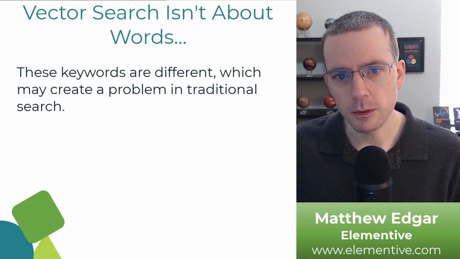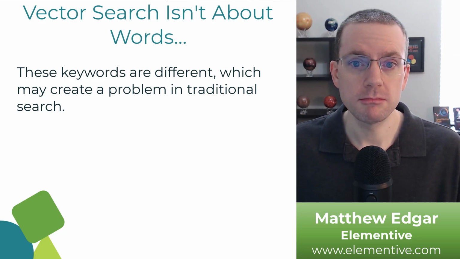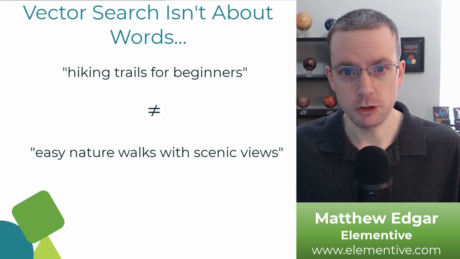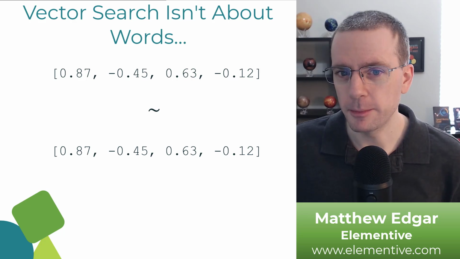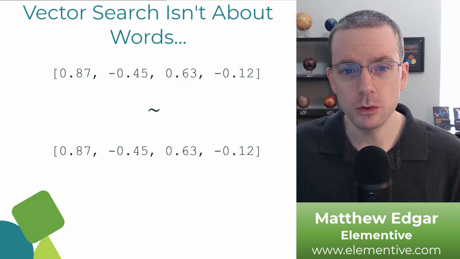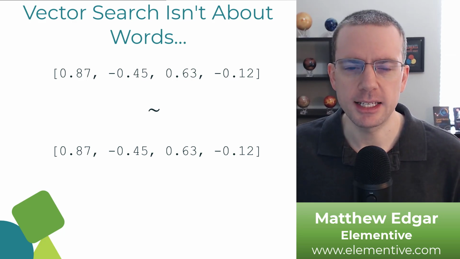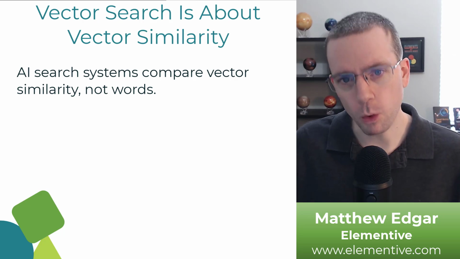The keywords used on the website and in the prompt are very different, right? They're not the same. In traditional search, that might be a problem. The prompt doesn't use the exact words hiking trails and beginners. However, because the vectors are so similar, the generative AI system knows this page is relevant for this query even without exact keyword matches. That's because it's comparing vectors, not comparing words.